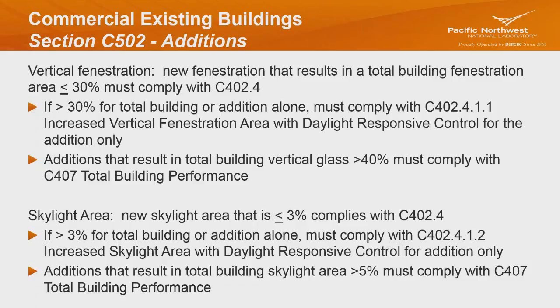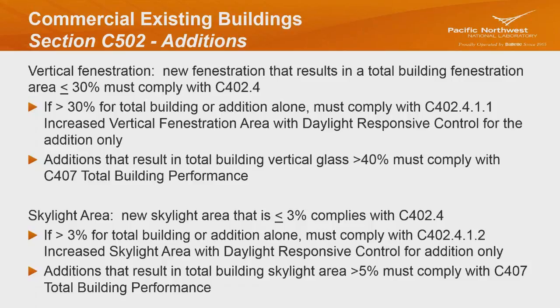Skylights. I talked about vertical fenestration having some limits that you need to be aware of. Skylights, the same thing. Now we're talking additions, but this also is applicable to alterations as well. So with that, skylight area, roof to skylight area, less than 3%, then you can use COMcheck. What if I'm over 3%?